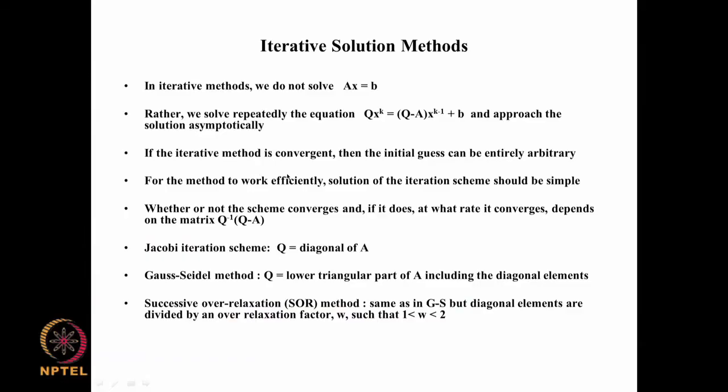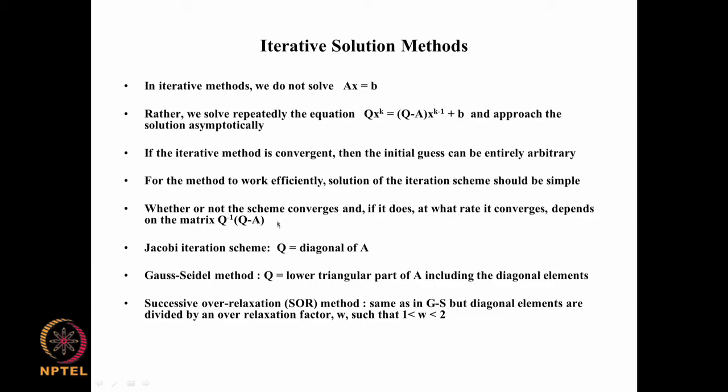If the iterative solution method is convergent, then the initial guess can be entirely arbitrary. You can take any set of values for the initial guess, and then you are guaranteed a converged solution finally. For the method to work efficiently, the solution of the iteration scheme should be simple, and whether or not the scheme converges, and if it does converge, at what rate it converges depends on the matrix inverse of Q times (Q minus A).